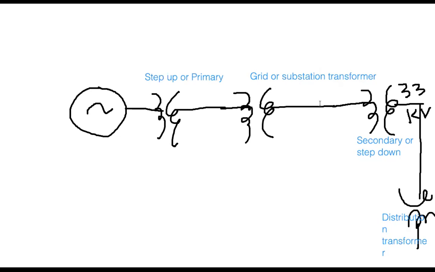After that is the long line. There is nothing here except the high voltage cables. Then you need to step down; that is the secondary or step-down transformer. After that, people need to use the power. Gradually it will be stepped down to the required level. Those transformers are called distribution transformers.